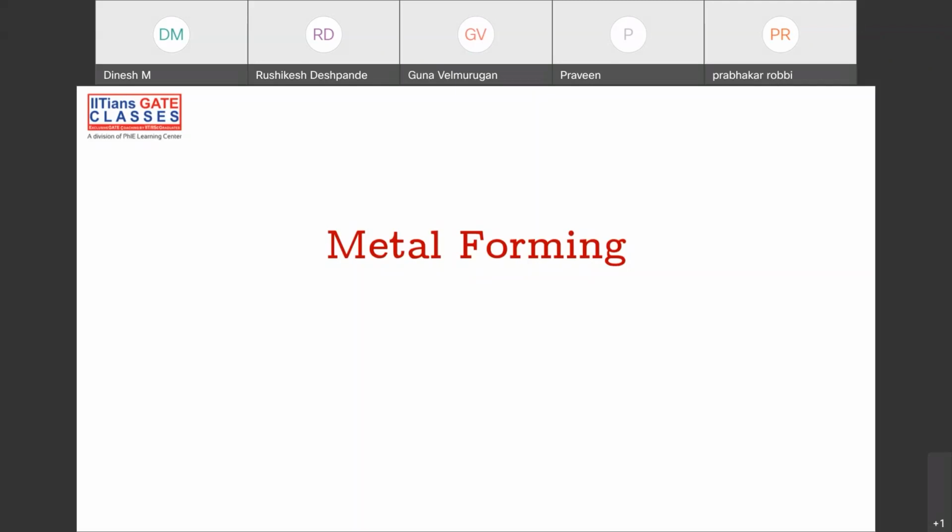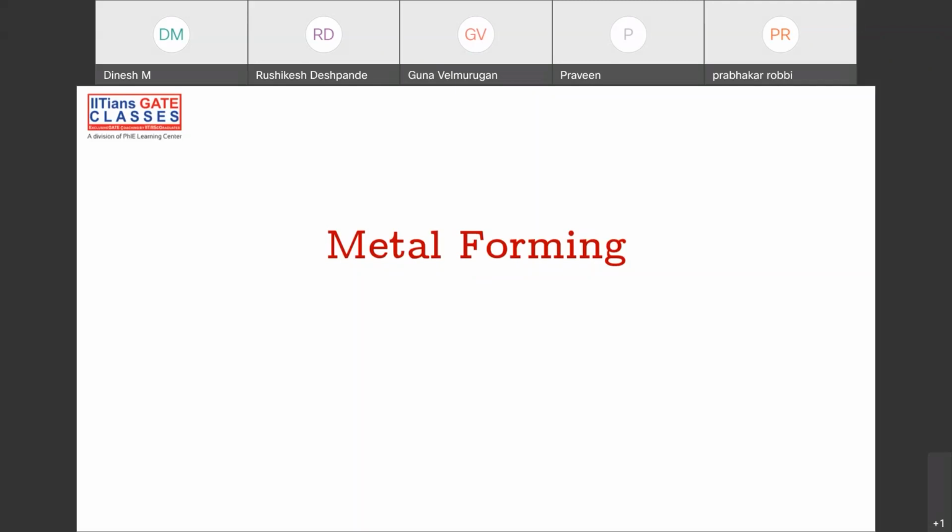Okay. You're shaping the material. You're shaping the workpiece into different shapes. You're changing the geometry. You're not removing the material, right? In metal cutting, you're removing the material. It is a material removal process, right? In casting, it's kind of an additive manufacturing.